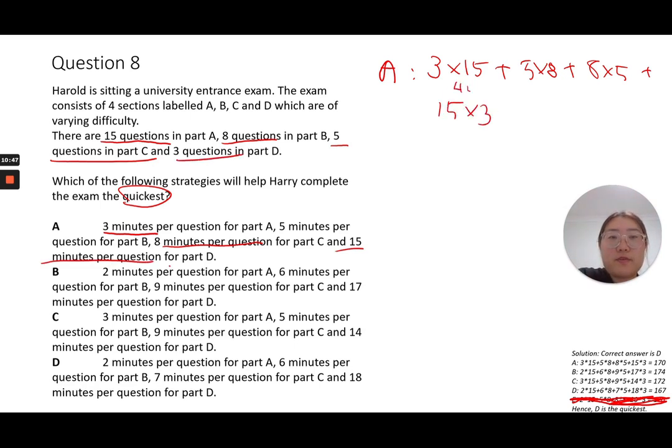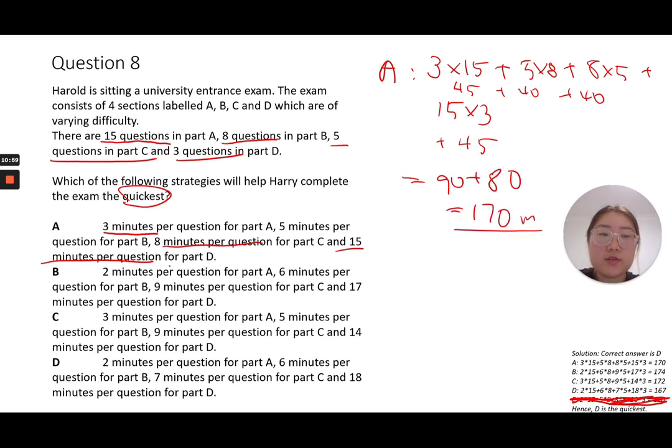So we get 45 plus 40 plus 40 plus 45, which is 90 plus 80, which will give you 170 minutes for A. And you have to do that for the rest of them and then compare them.